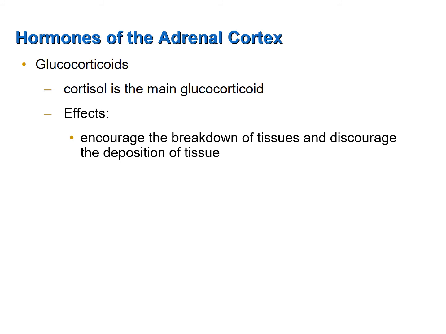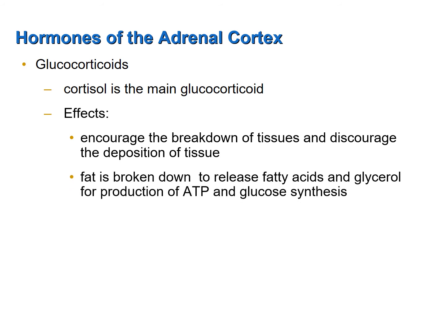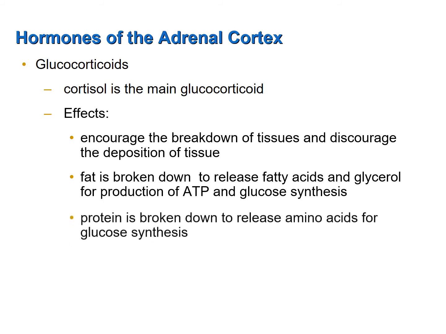Well, remember that your tissues are composed primarily of fat and protein. And what cortisol is going to do is cause your body to utilize fat and protein preferentially in order to maintain blood sugar levels. So fat is broken down in fat cells in response to cortisol, releasing fatty acids and glycerol for the production of energy, ATP, and to synthesize glucose.